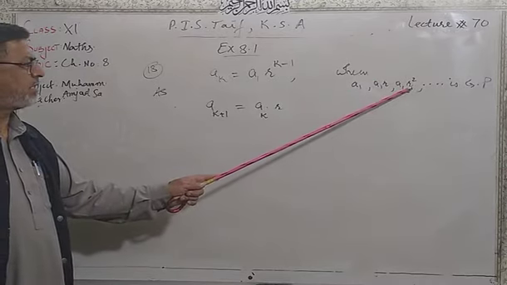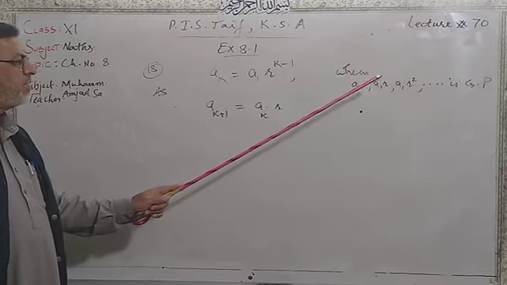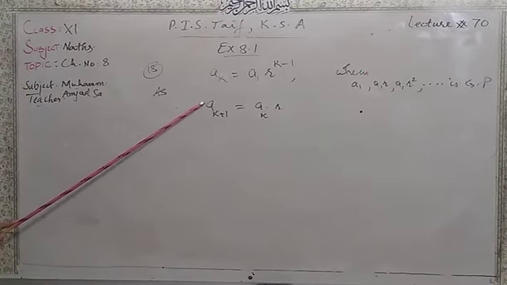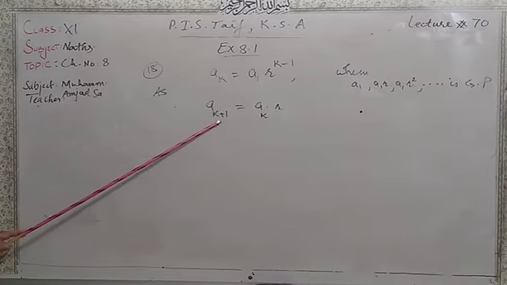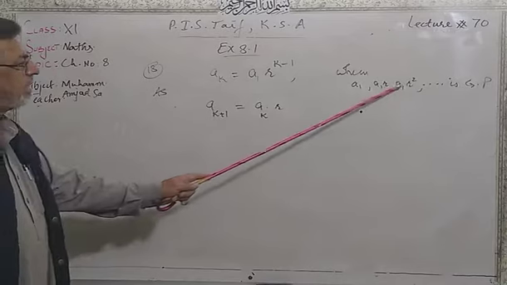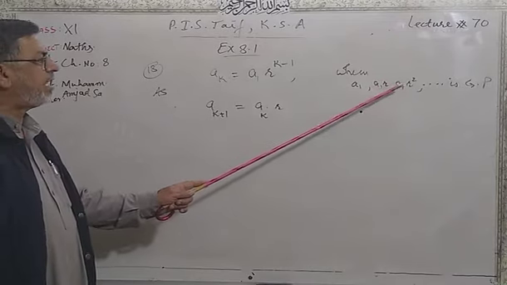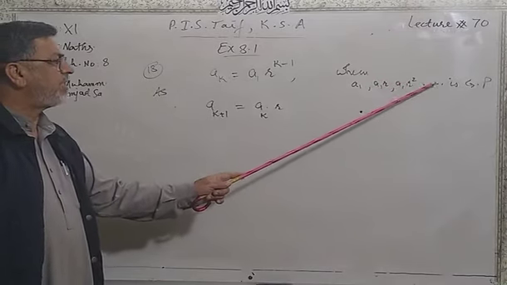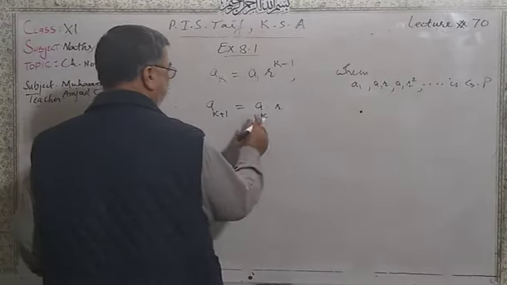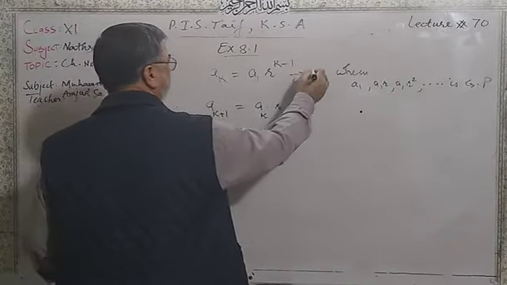Third term is obtained by multiplying second term by r. K plus 1 term is obtained by multiplying kth term with r. This is multiplied by r to get next term. So what about ak? This is equation number 1.